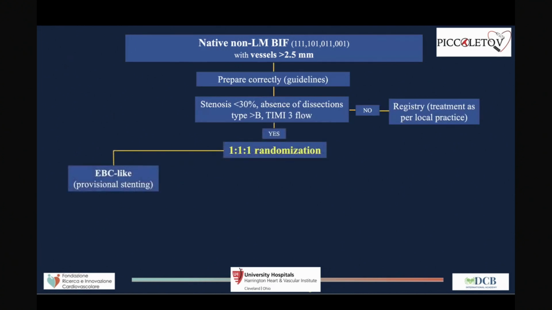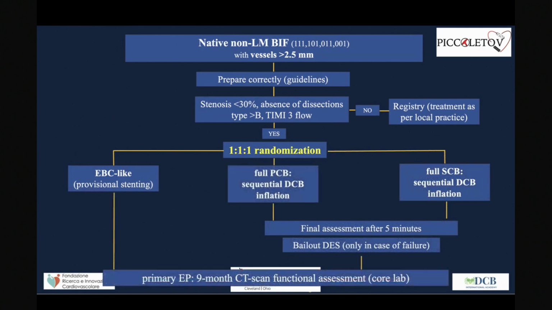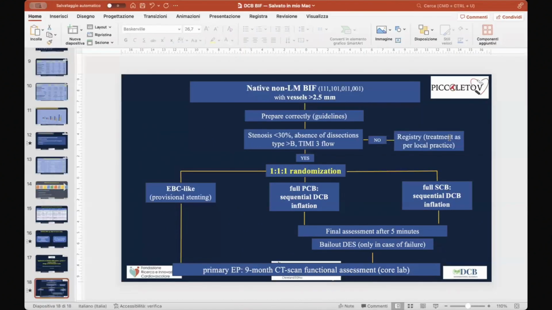After lesion preparation, we are randomizing patients 1:1:1 to EBC-like, so provisional stenting hopefully, to full sirolimus-coated balloon with sequential inflation, or to full paclitaxel-coated balloon with sequential inflation. And we will analyze the 9-month follow-up with a CT scan and a functional assessment, to see if there are differences in the main vessel and in the side branch. That's it, and thank you for your attention. I'm here to reply to any criticism or question.